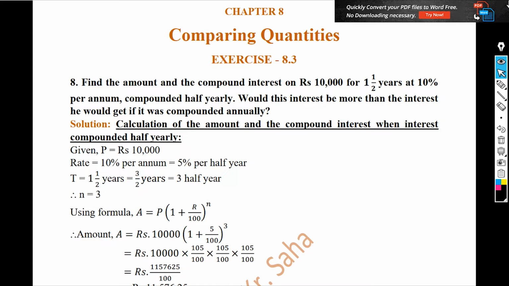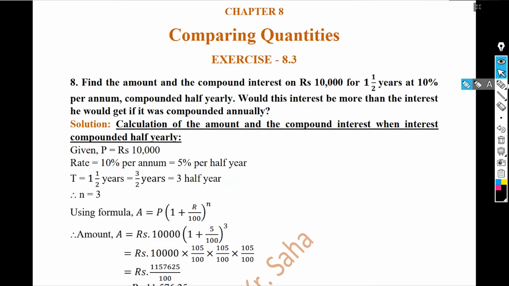This is the question. Now, first of all, let us calculate the amount and compound interest when interest is compounded half yearly. As we are writing, first of all, principal is rupees 10,000 here.